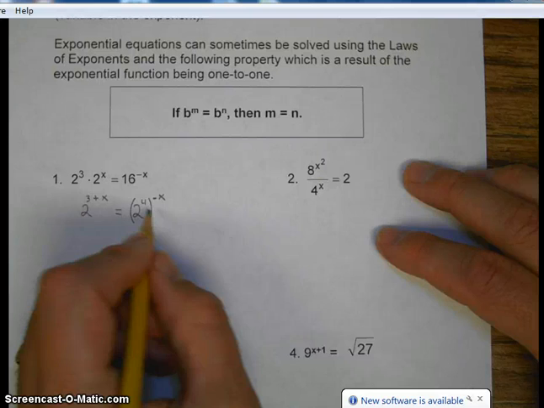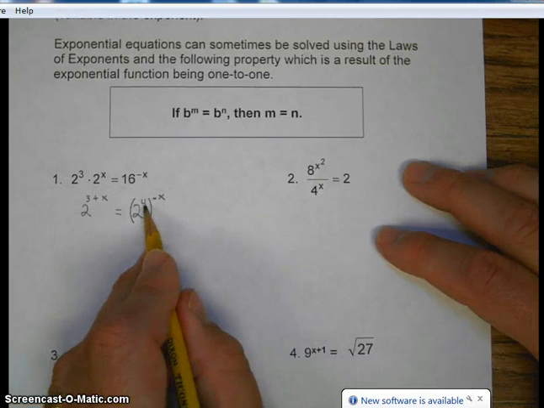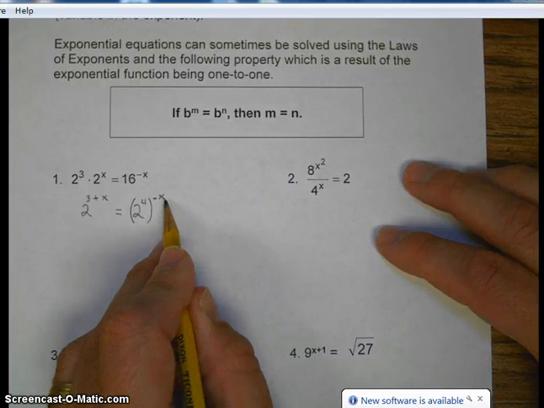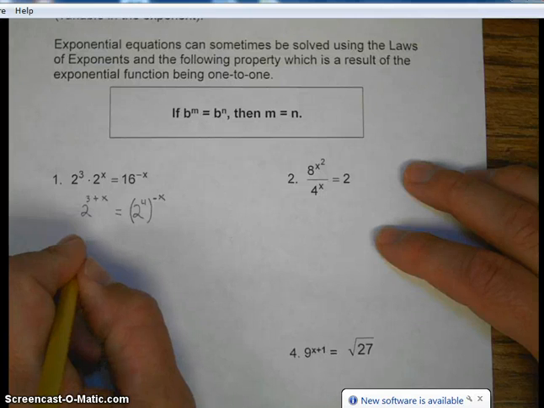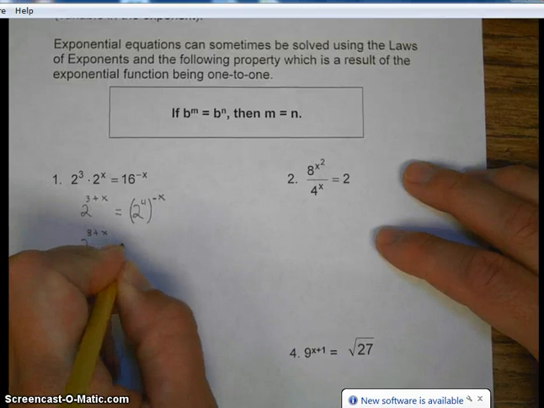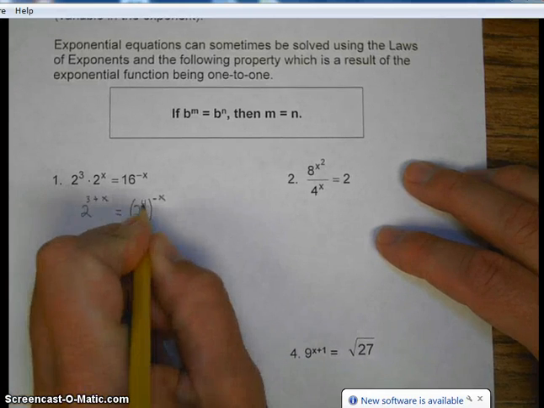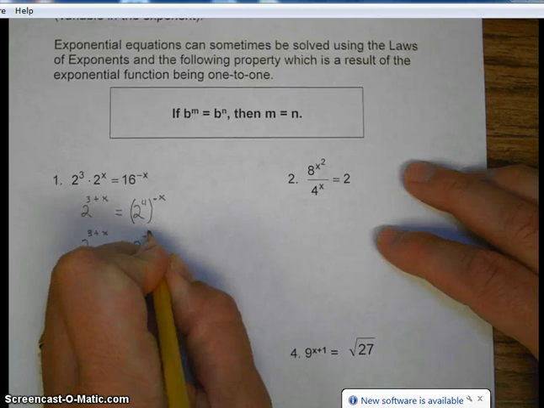Then we simplify this side over here. We use the rule that when you have an exponent raised to an exponent, you multiply. So we have 2 to the 3 plus x equals 2 to the 4 times negative x, which is negative 4x.